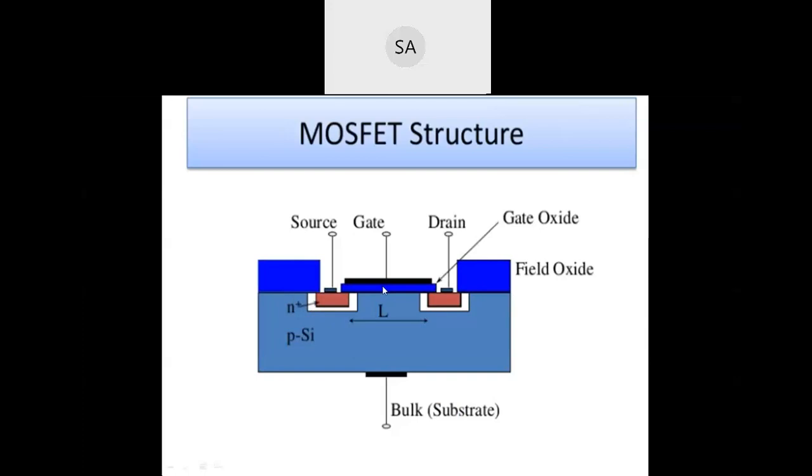This oxide layer acts as an insulator between the gate and the channel. So this is the N channel construction. Why? Because we take the P-type substrate, and the drain and source diffusions are N type. On this N type we again provide the oxide layer and make the contact bars.